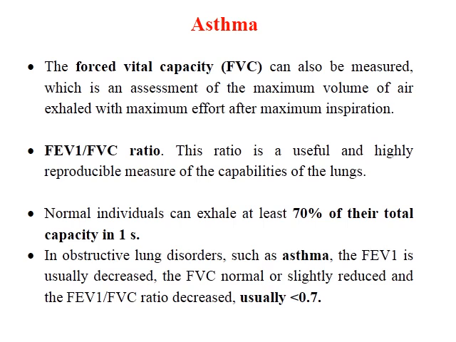Normally, a normal individual can exhale at least 0.7 or 70% of their total capacity in the first second, while in patients with asthma or with obstructive lung disorders, the FEV1 is usually severely decreased, while FVC is normal or slightly reduced. This leads to a ratio less than 0.7.